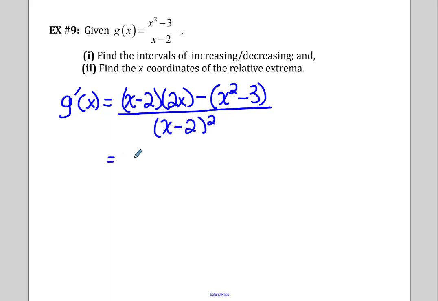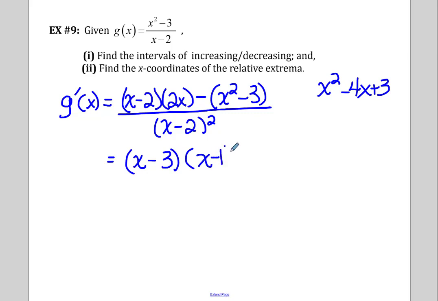And that cleans up to be x squared. This is going to give us x squared minus 4x plus 3. And we can factor that as x minus 3 times x minus 1 over x minus 2 squared.